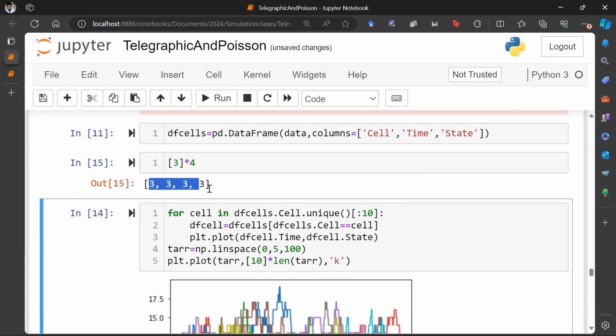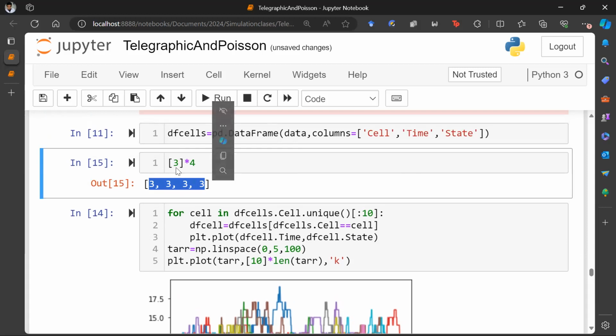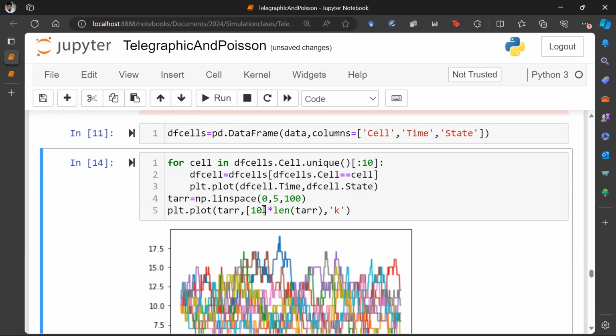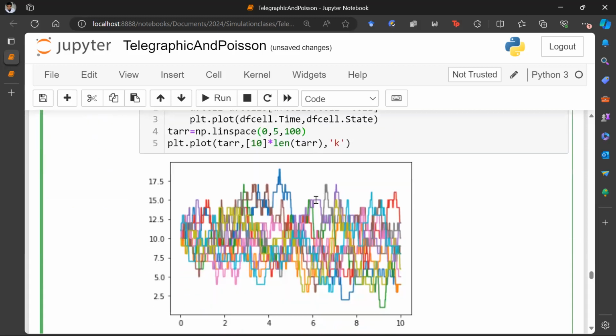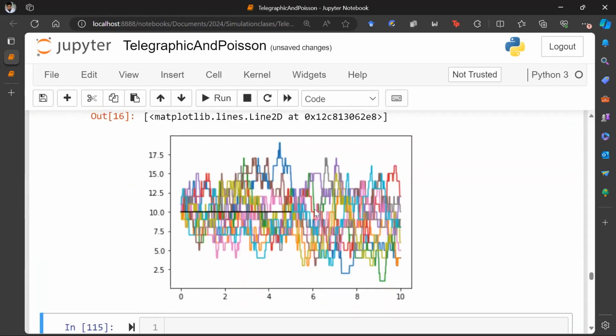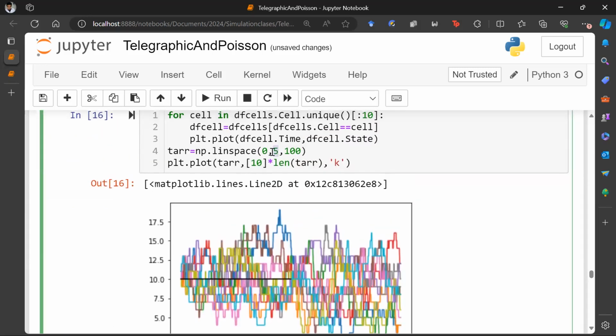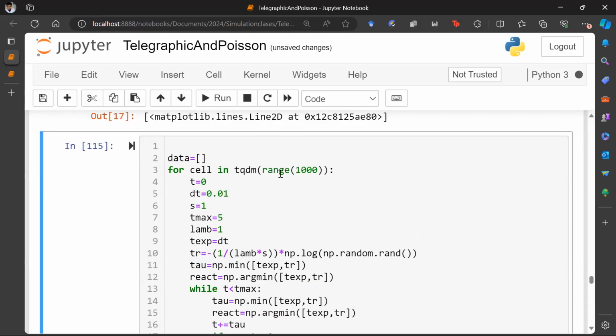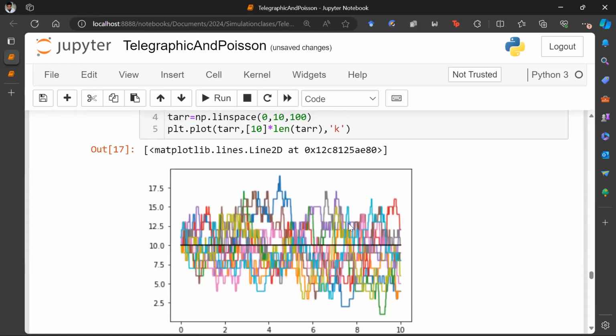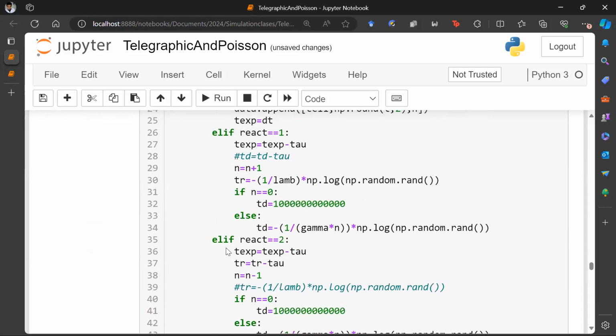You're going to get an array of 4 elements, each of them being 3. It's a trick using Python. So now we have an array of 10 with the length of tr. tr can go from 0 to 10 in this case, and you have something like this. Essentially, this is what the mean of the process should be.